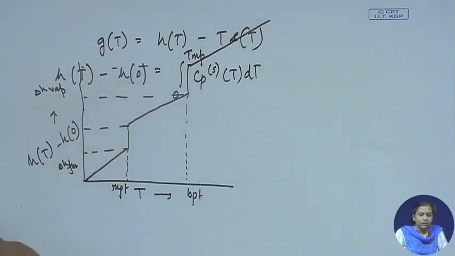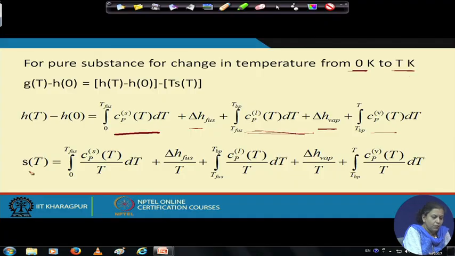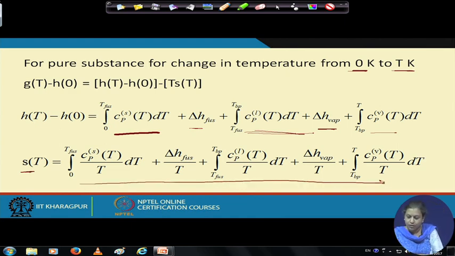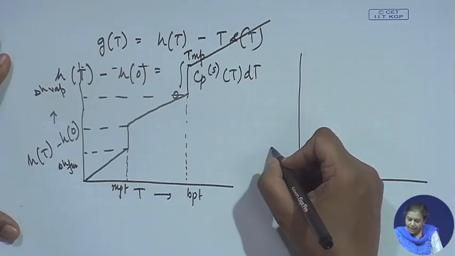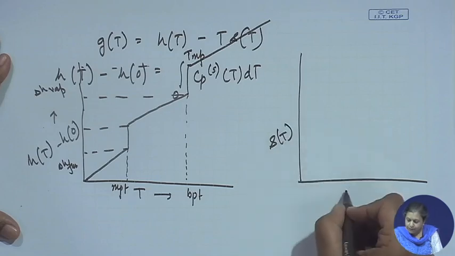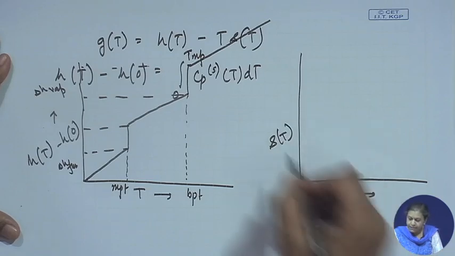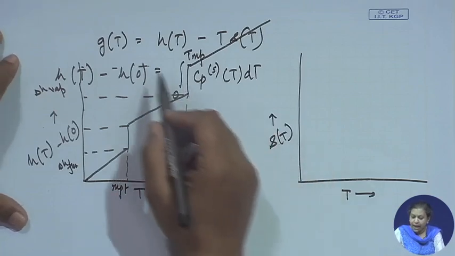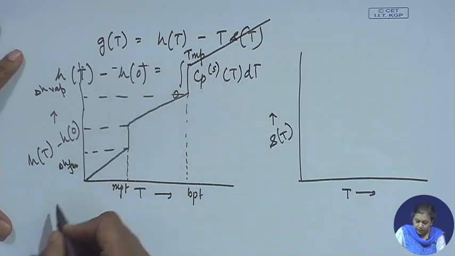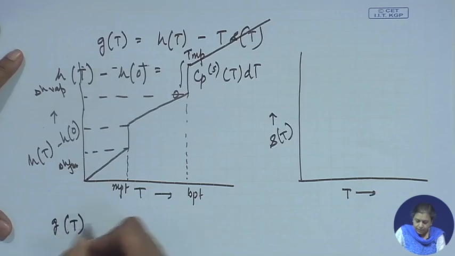Now, if we plot the entropy change for the same substance when it is being heated, it is given by this particular expression. If I plot S as a function of temperature, here I would like to mention that this expression should actually have been G_T.